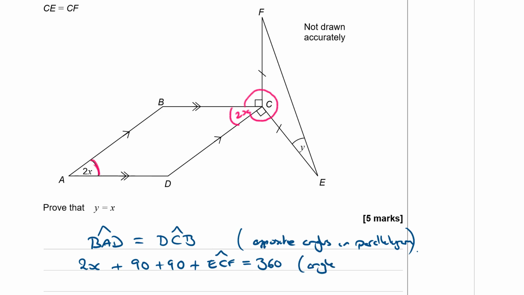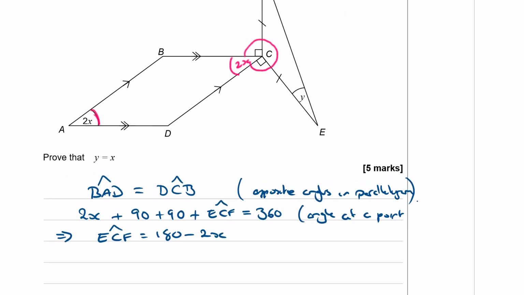That's from angles at a point. So that means angle ECF is going to be 360 minus 90 minus 90, which is 180, minus 2x.